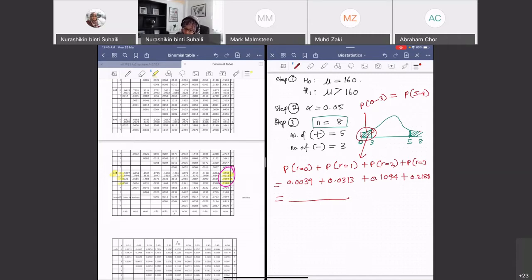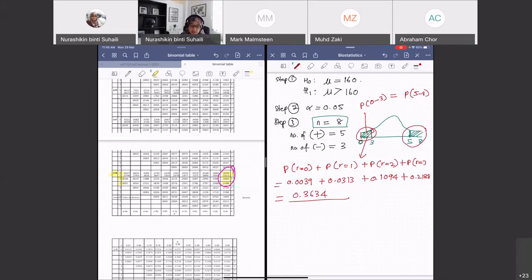The summation from 0 to 3 is 0.0039 plus 0.0313 plus 0.1094 plus 0.2188, giving 0.3634. Just now I mentioned that the rejection region from 0 to 3 is actually equal to the tail area between 5 and 8.